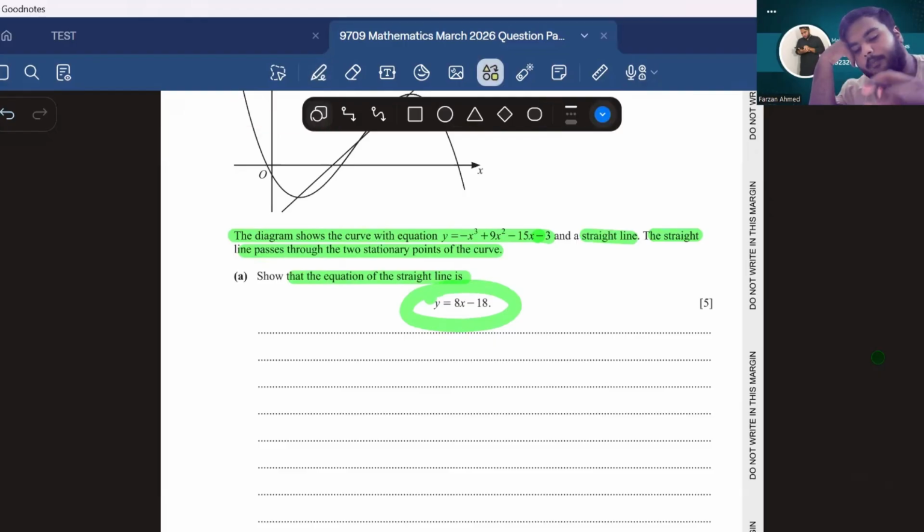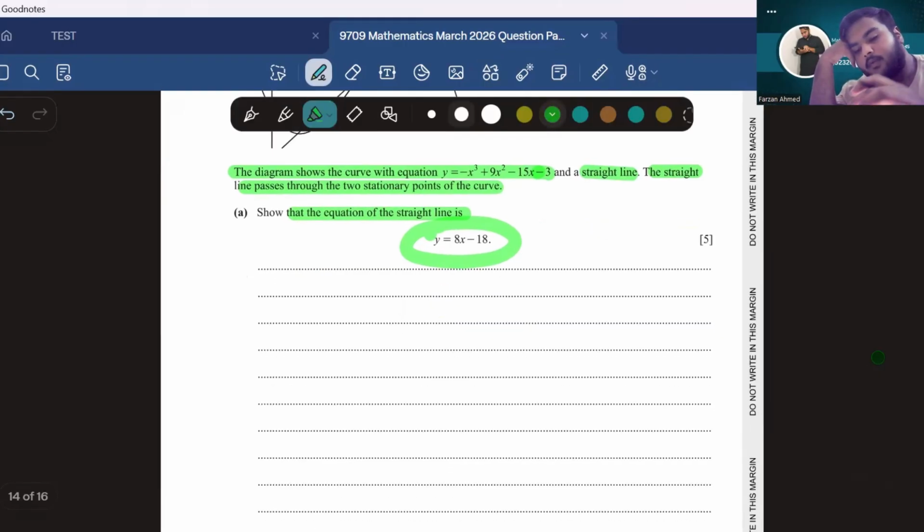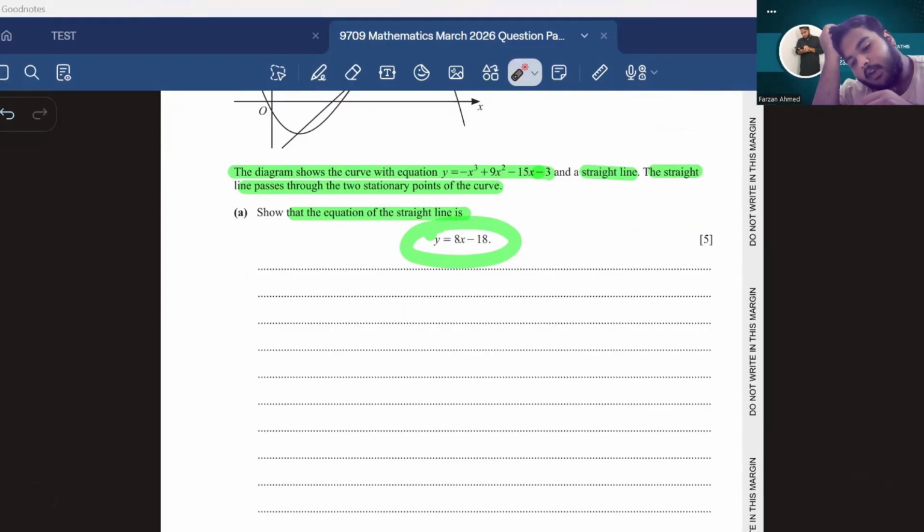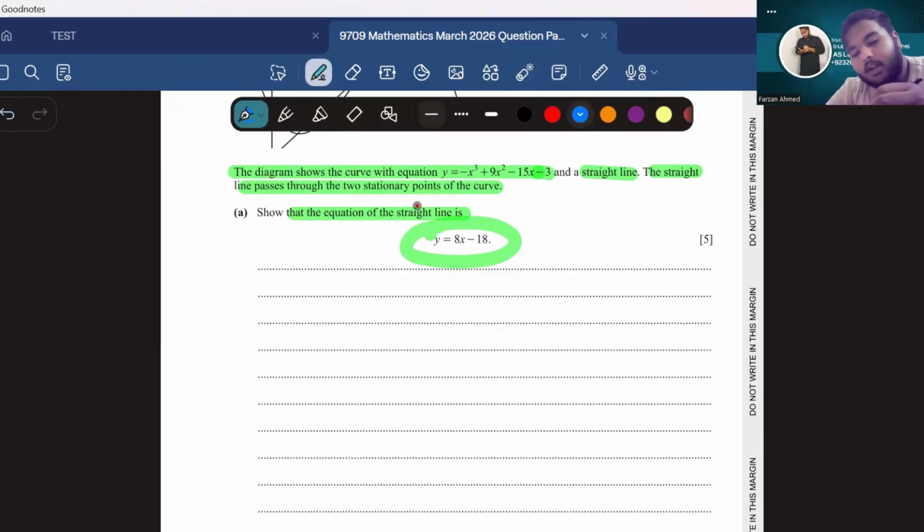So first of all, what we will do? When we have stationary points, we will differentiate and the derivative will be equal to 0. This is very easy. Now y is equal to minus x cube plus 9x square minus 15x minus 3.